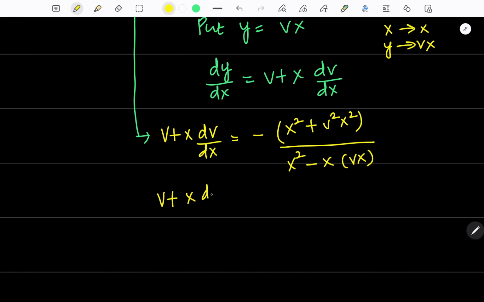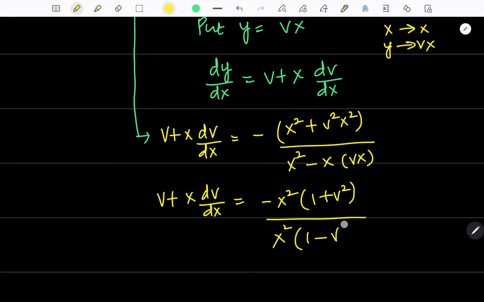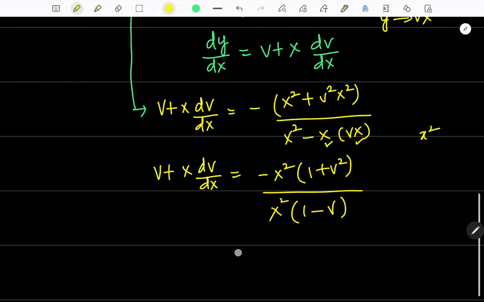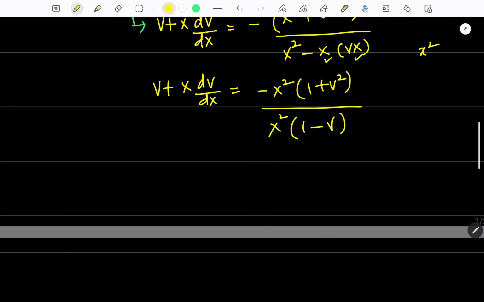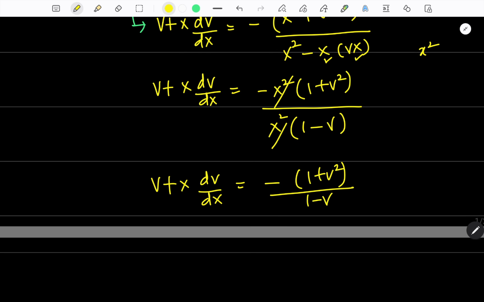So v plus x dv by dx is equal to minus x square, I'm taking common. So 1 plus v square divided by, here I'm taking x square as common, 1 minus v. Why? Because this x into x is what? x square, right? So after this, what happens? Now we are going to write x square gets cancelled. So v plus x dv by dx is equal to minus 1 plus v square divided by 1 minus v.